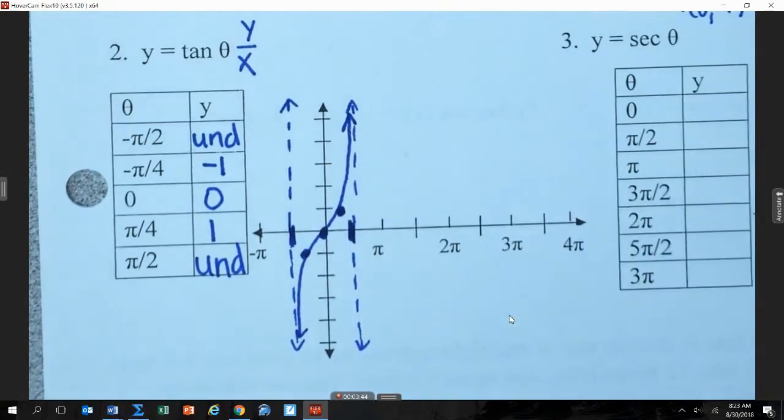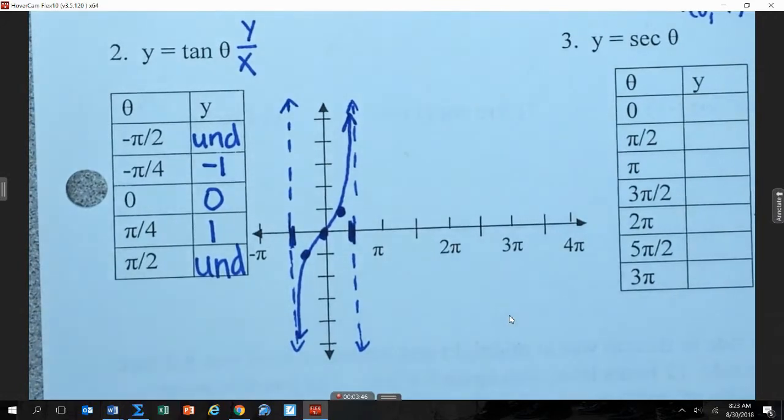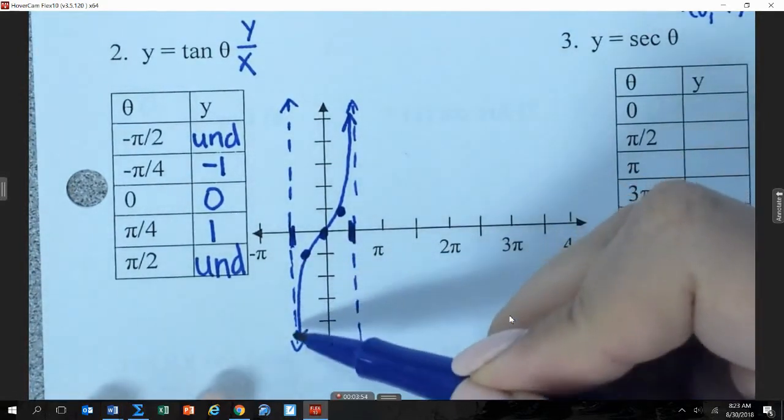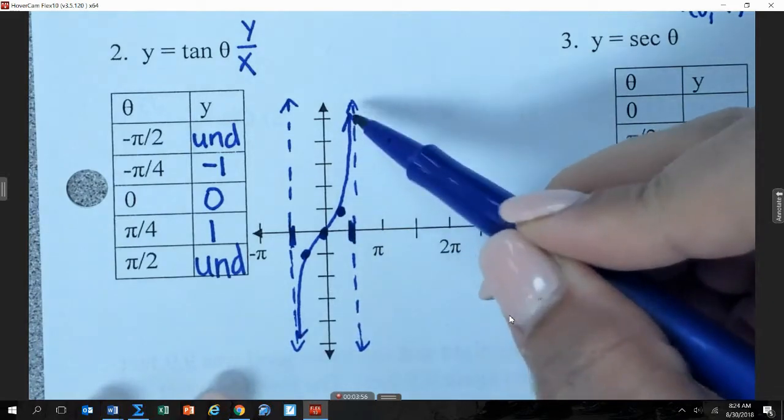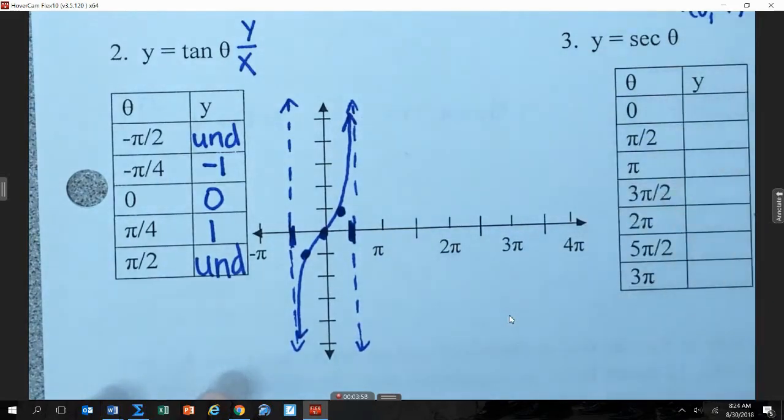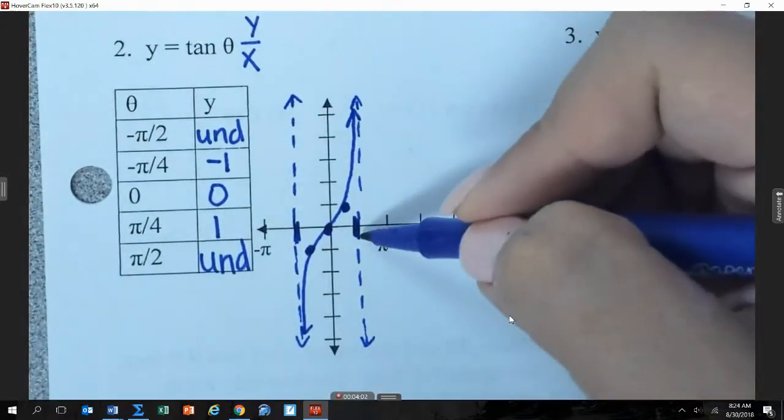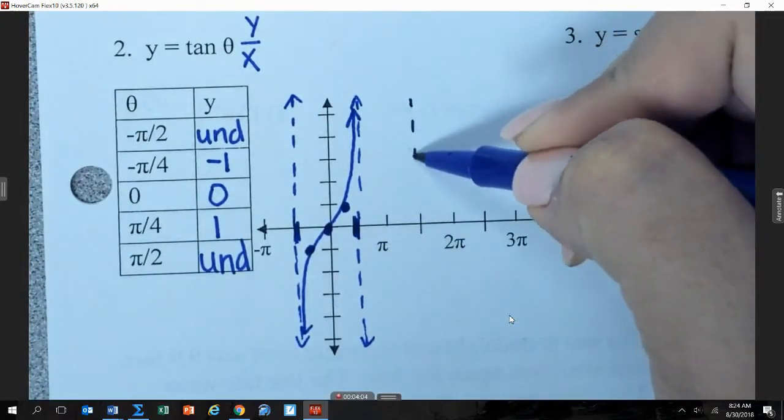Remember, vertical asymptotes, you cannot cross or touch them. Okay, so you can get infinitely close to the asymptote, but never cross an asymptote. Okay, so I want you to draw your graph where those ends are getting really, really close to your asymptotes. Okay, remember this will repeat infinitely in both directions. So I'll have another asymptote here.